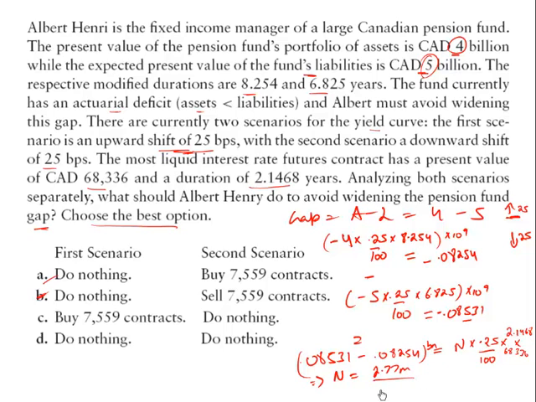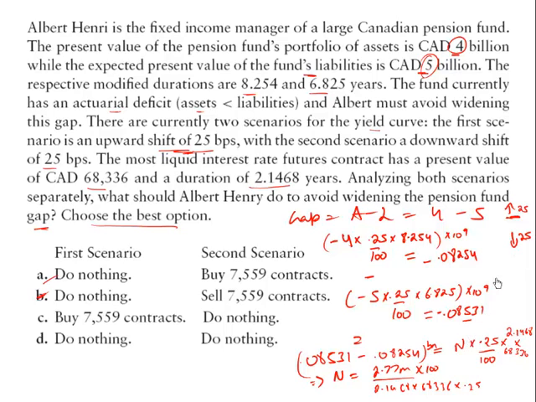divided by 2.1468 into 68336 into 0.25 divided by 100. This is what our loss was, and we want the N futures contracts to make good this loss. Loss is happening when interest rates go down. So if we long the contracts, they will gain.